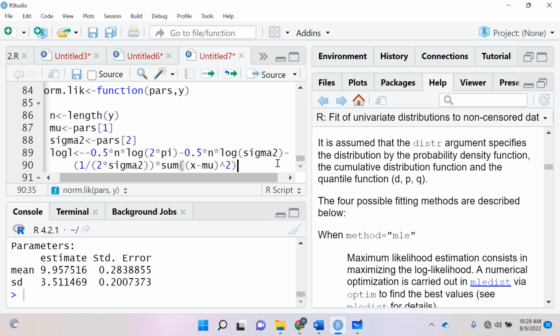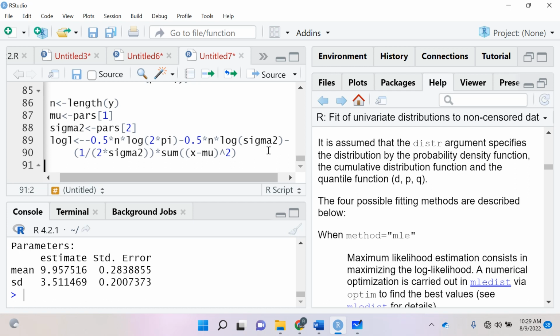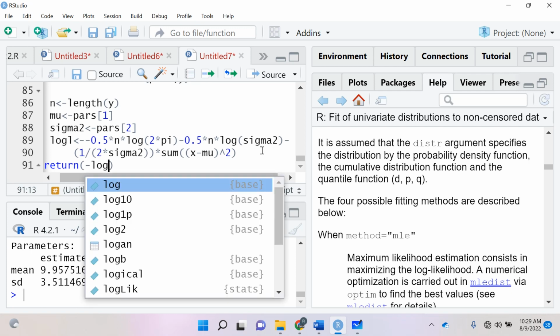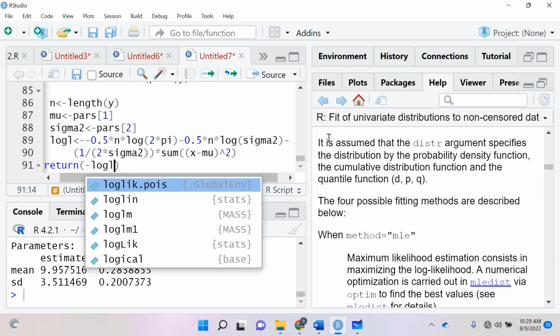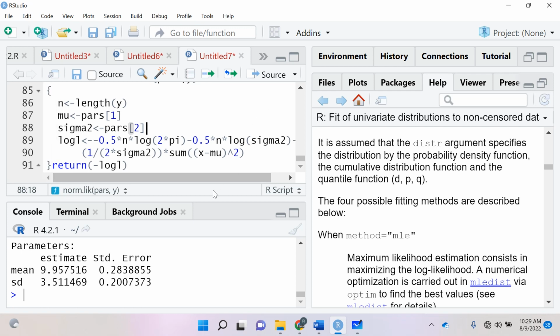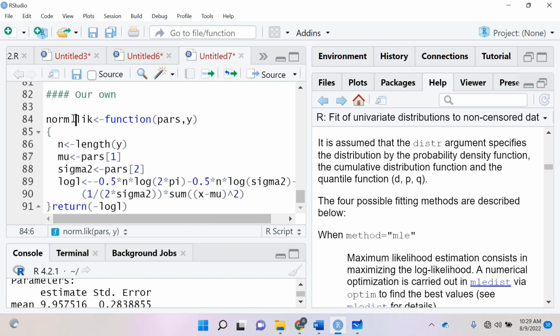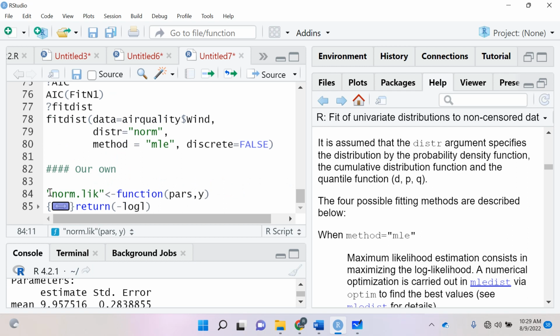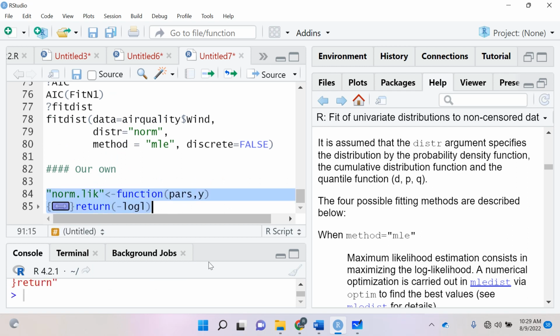And next is return. So what do we return? We return negative log like. So now we are in a position to run our function. Remember I said you should put it in that. Okay. So now if we run this, return did not work.